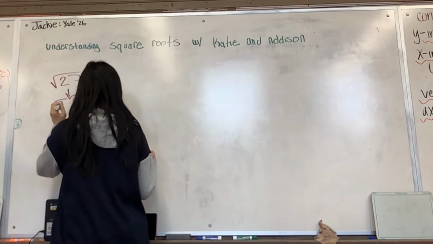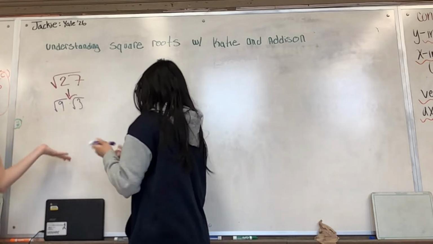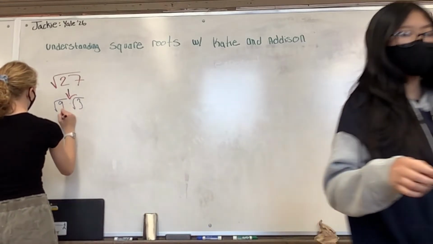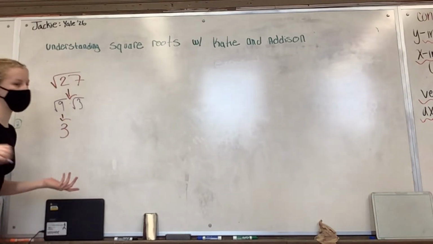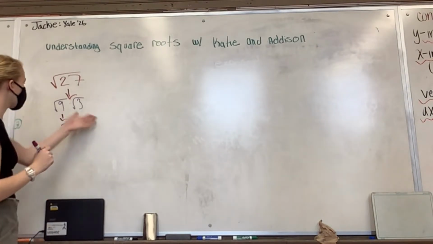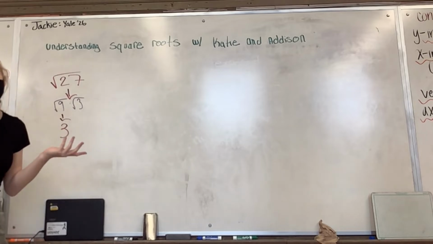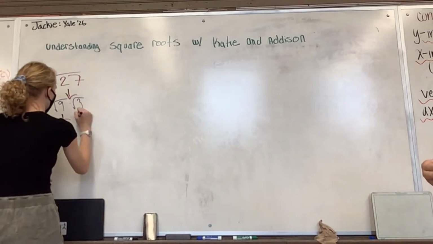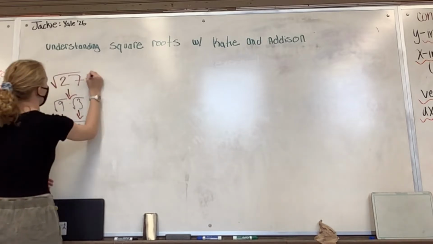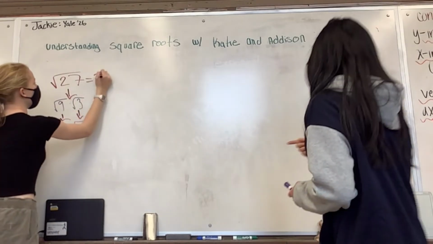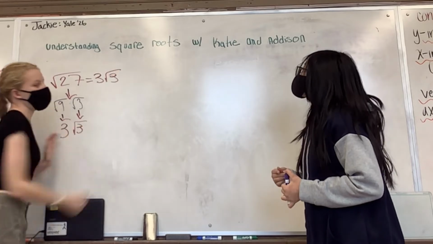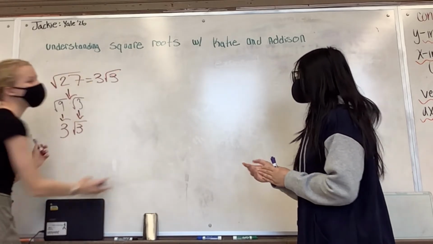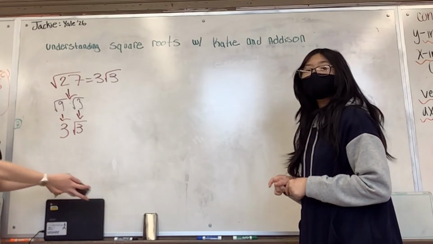This has a perfect square in it, which is 9, and that becomes 3. But this 3 right here does not have a perfect square, so we just bring it down. The answer to this is 3 square root of 3. Want to look at it again?